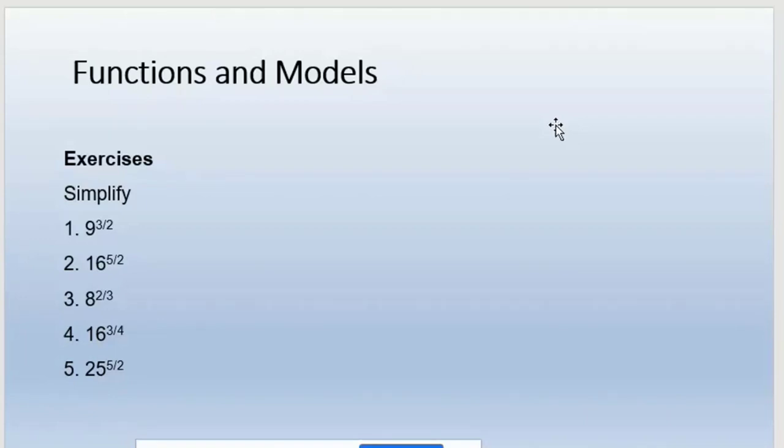Should I give you all the steps or just the final answer? Just the final answer. And then the second one? It's 1024, which is 4 to the 5th power. 1024. Yep. And the third one? 2 squared, which is 4.